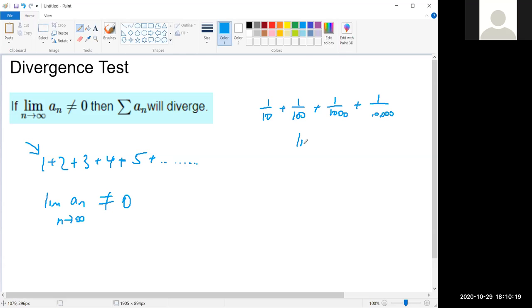So this one, the limit does go to 0, because the denominator gets bigger and bigger and the terms get smaller and smaller. But what about the actual sum? So this series has a sum. What do you guys think the sum will be? Will it be convergent or divergent?